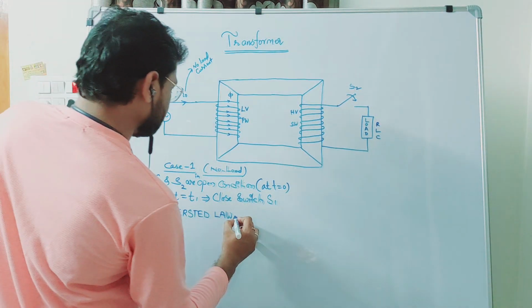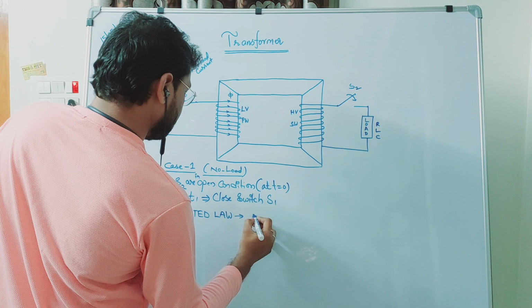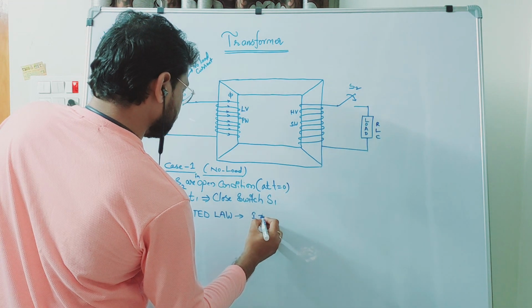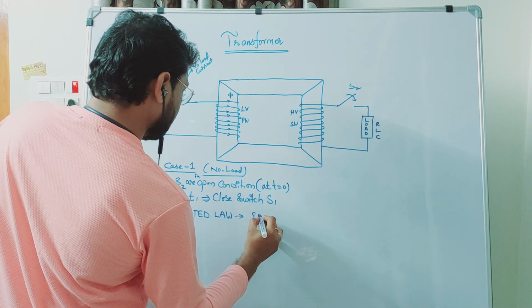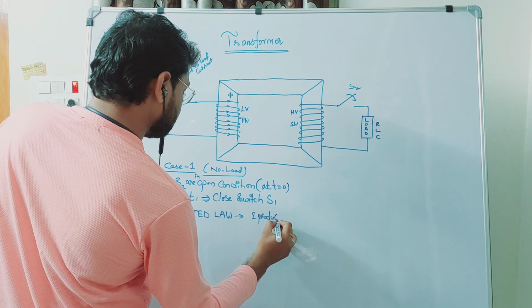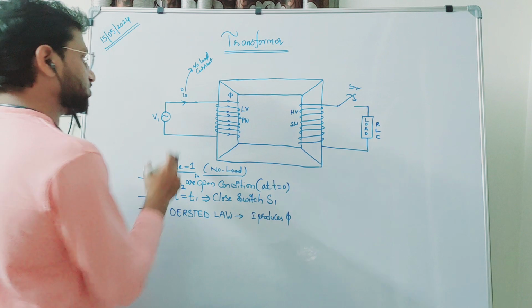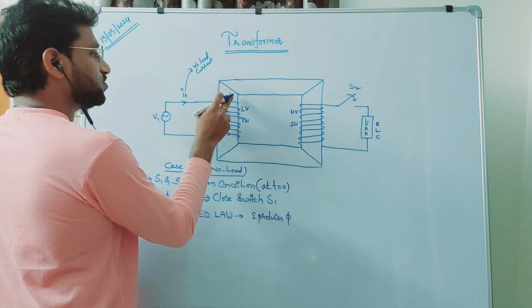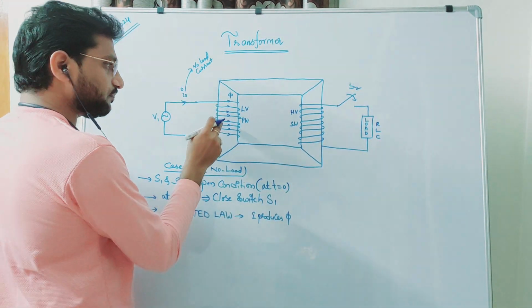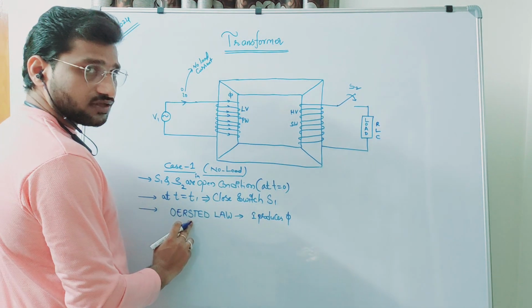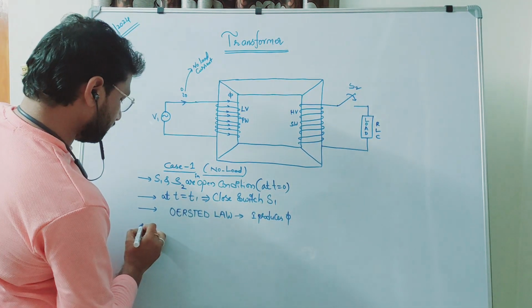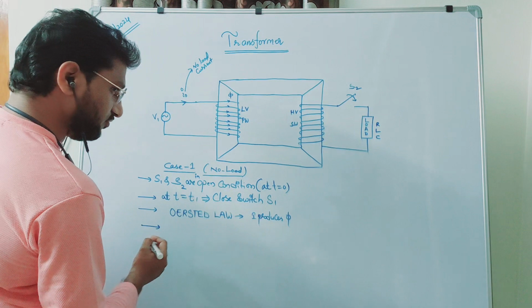Just remember this. What Oersted said is that current produces flux. So this I naught is going to produce flux in the primary winding. That is because of Oersted's law.